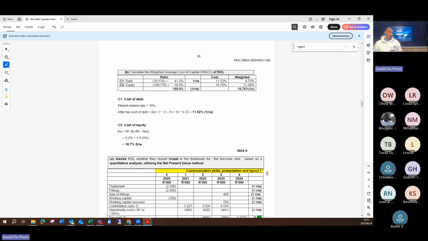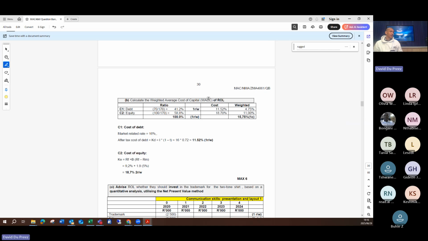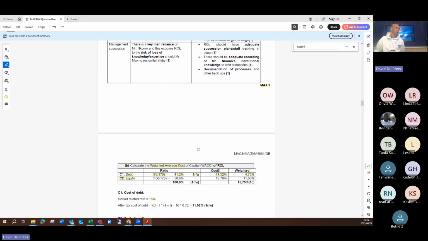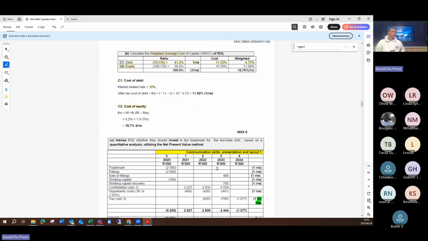Essentially, what they've done here is they have said calculate the weighted average cost of capital overall. They use debt and equity. The cost of debt is 16%, and then they calculate the cost of equity using the risk-free rate. Is this correct? Yeah, that's right. And they didn't even look at that.